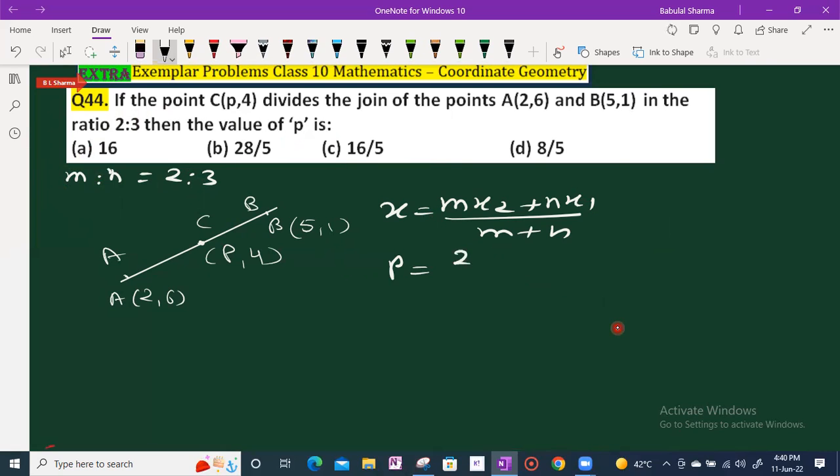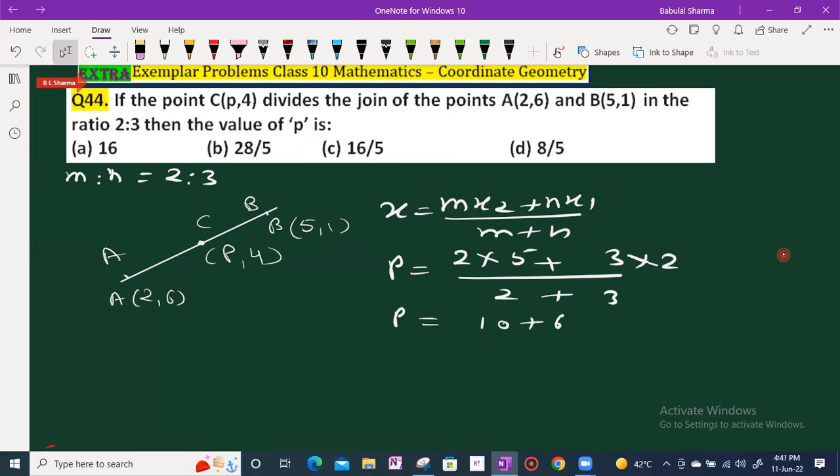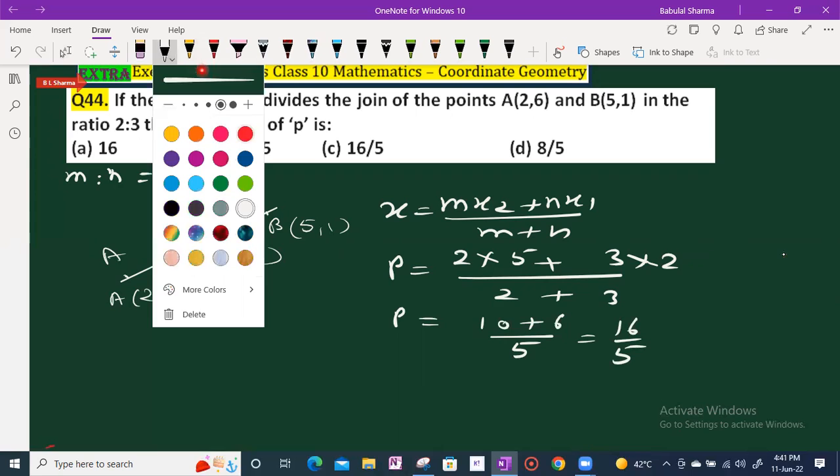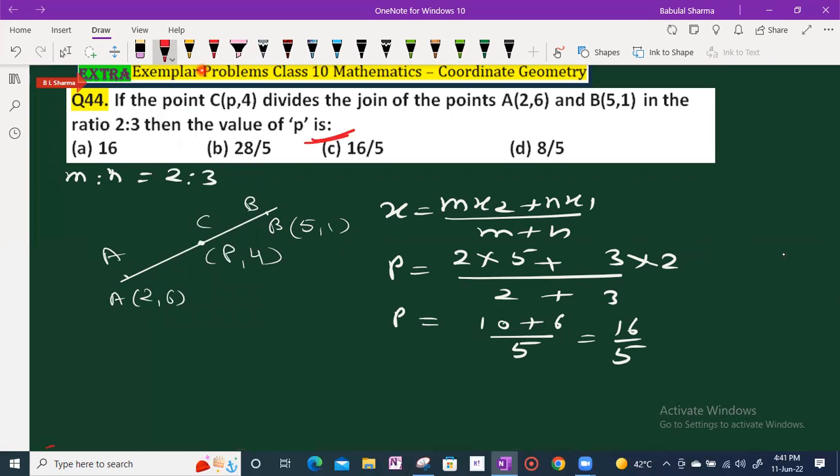So we can write 2 plus 3, 2 plus 3. आपको ये पहले लिख देना चाहिए m और n, ताकि आपको x2 और x1 ही पुट करना पड़े. In place of x2 that is 5, in place of x1 that is 2. So P will be 10 plus 6 by 5. So that is 16 by 5. So 16 by 5, C is the correct option here.